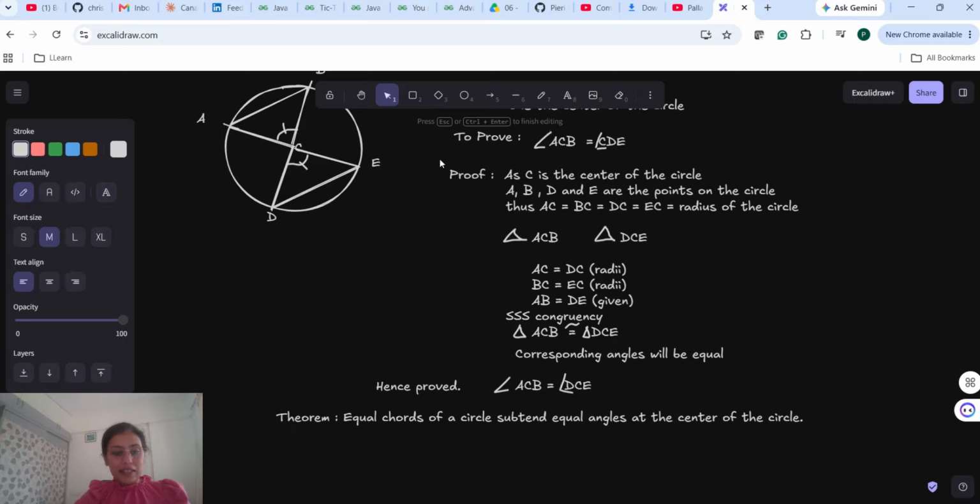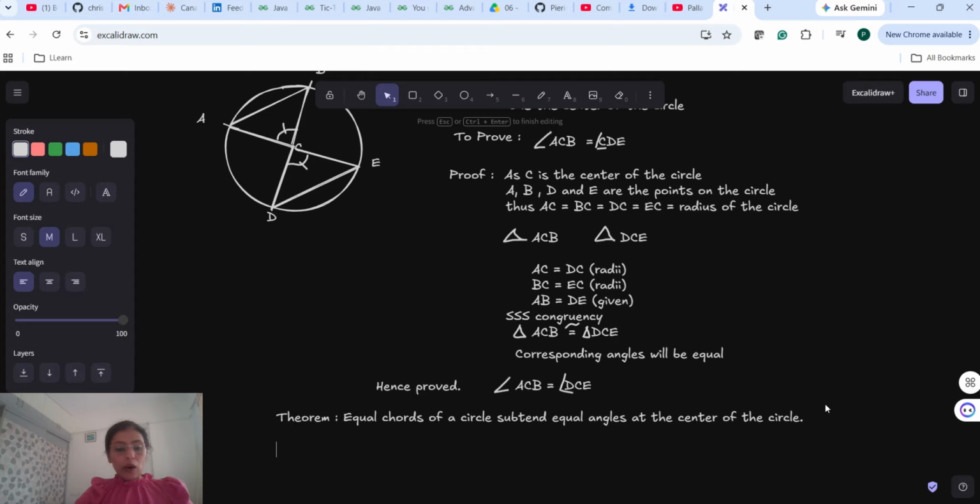AB and DE are equal chords. Okay, they were equal chords of the circle with the center C. And we have proved that the angles subtended by these two chords at the center, which means the angle made by these two chords at the center, are equal. Okay, equal chords of a circle subtend equal angles at the center of the circle. I hope this theorem is now clear to you.